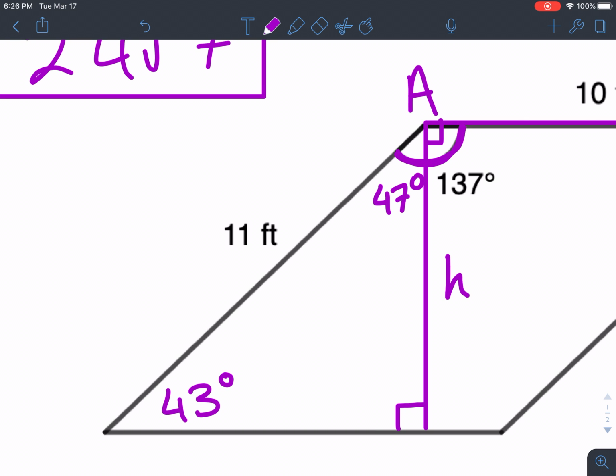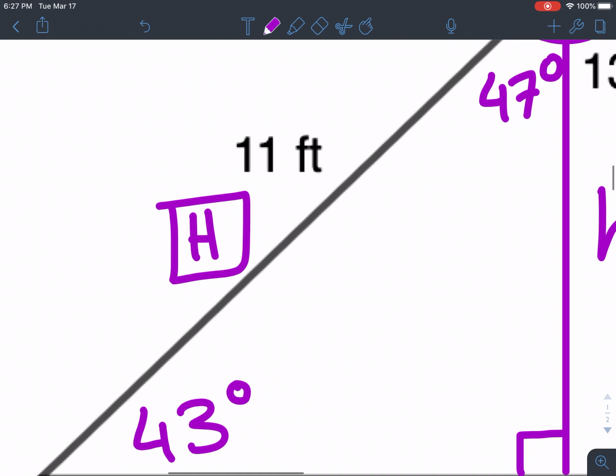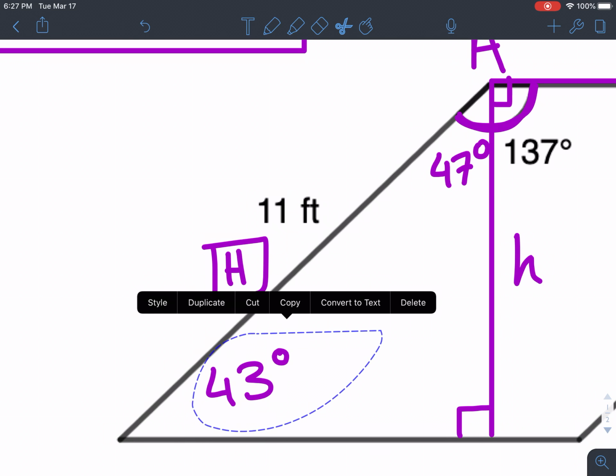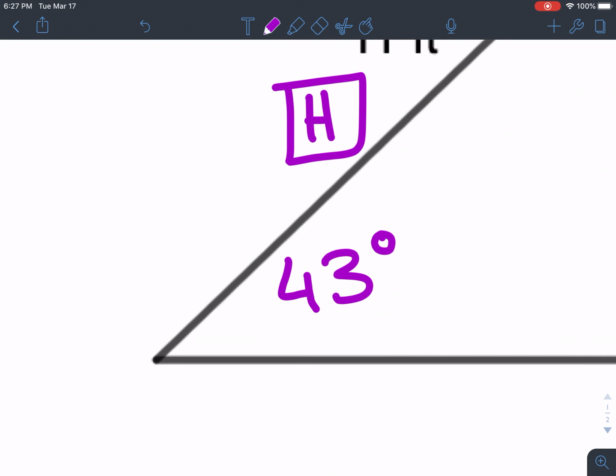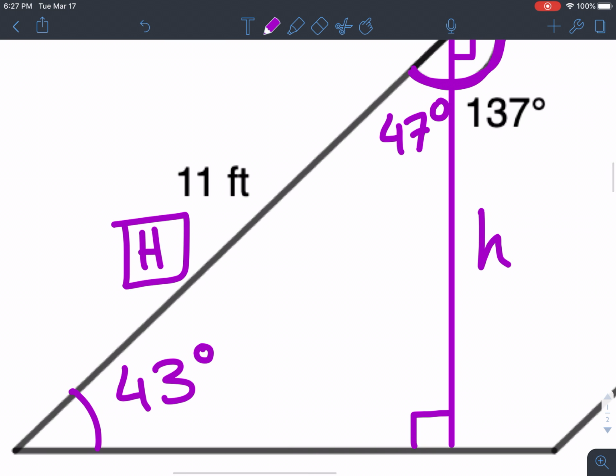All right, but how does that help us get to the height of the parallelogram? Well, if we have one side and we have an angle in a right triangle, we can do some right triangle trigonometry. So this 11 is across from the right angle, that is our hypotenuse. And then here you get to take your pick of the 43 or the 47. I'm just going to go with the 43. But, you know, it doesn't matter. You can go 47 and use a different trig function.